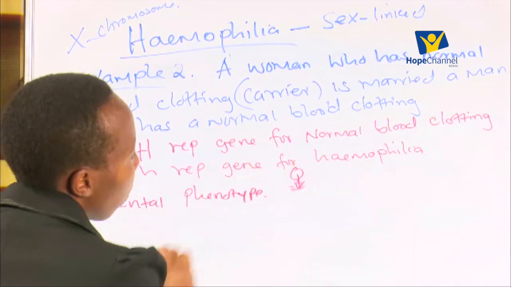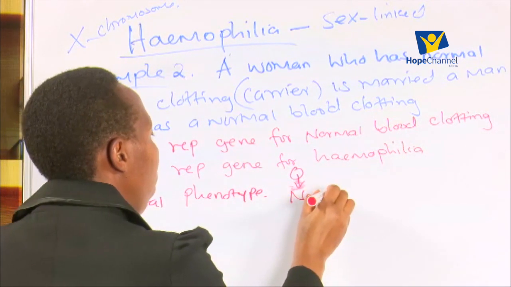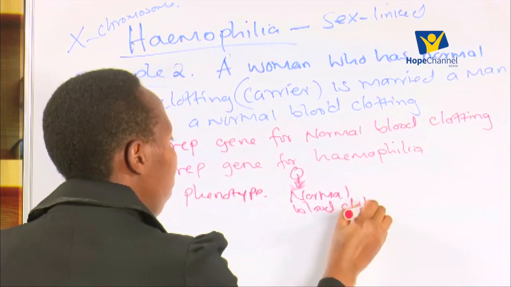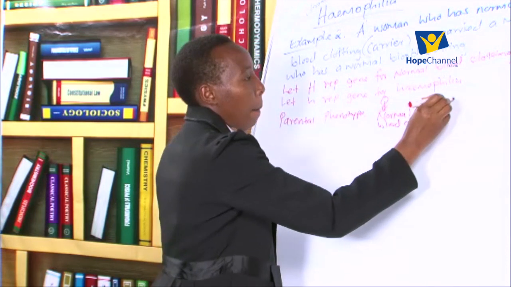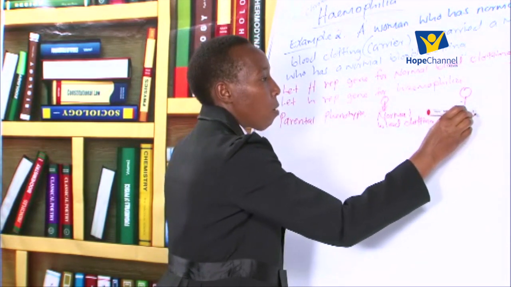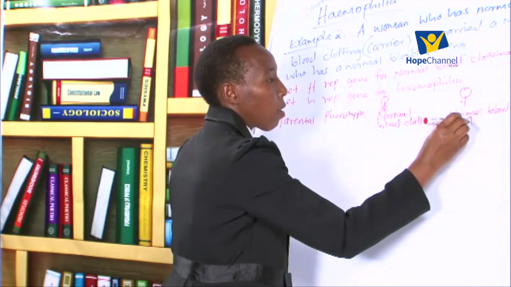For the man, we say he has a normal blood clotting. For the female, she also has a normal blood clotting.